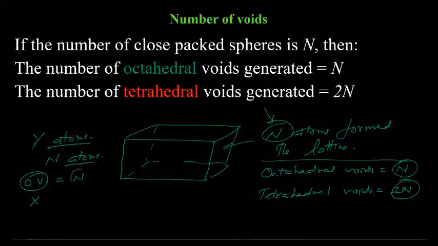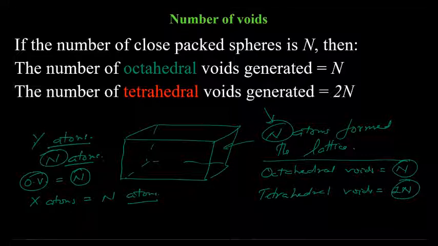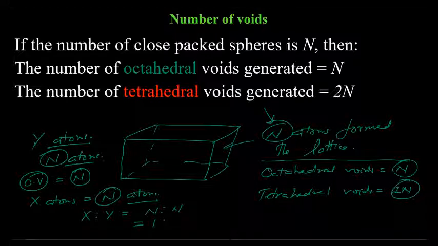So now there are n octahedral voids. So it means X atoms will be how many? N atoms, same, because there are n octahedral voids. All have X atoms. So there will be n X atoms. So you have Y atoms, n number, X atoms, n numbers. So ratio of X is to Y, n is to n, that is 1 is to 1, means the formula will be X1Y1, that is XY.